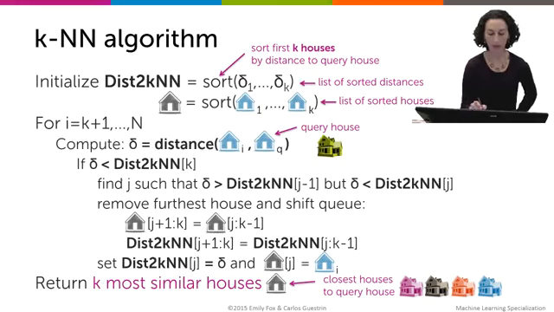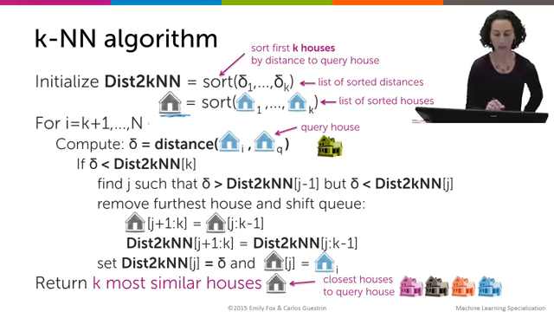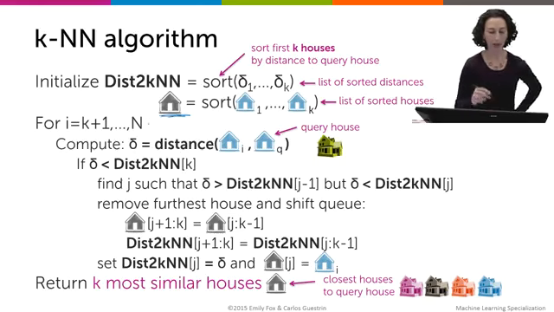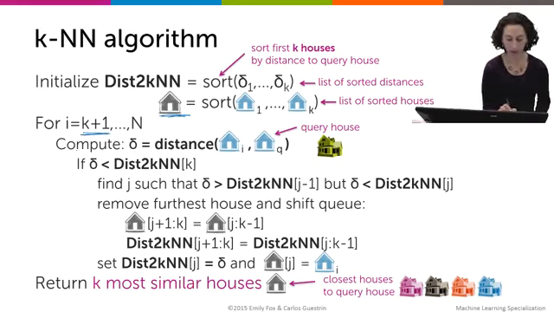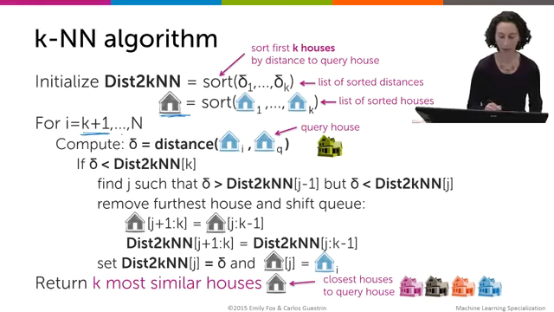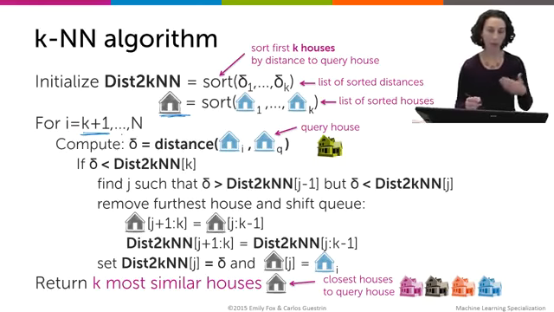And however these distances sort, we're going to likewise sort the first k houses in our data set to be our current estimate of our nearest neighbors. Then we're going to just cycle through houses k plus 1 to capital N. What we're going to do is compute the distance of this new house that we haven't seen before to our query house.